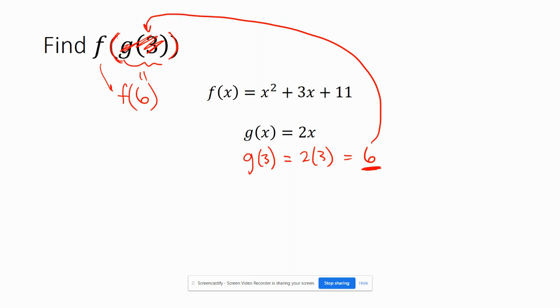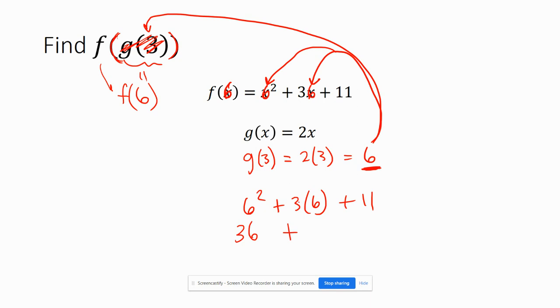And so we plug 6 into f, so we're replacing that with a 6, and that means we replace both of these with 6s. And so we get 6 squared plus 3 times 6, not 36, plus 11. So that's 6 squared is 36, plus 3 times 6, which is 18.